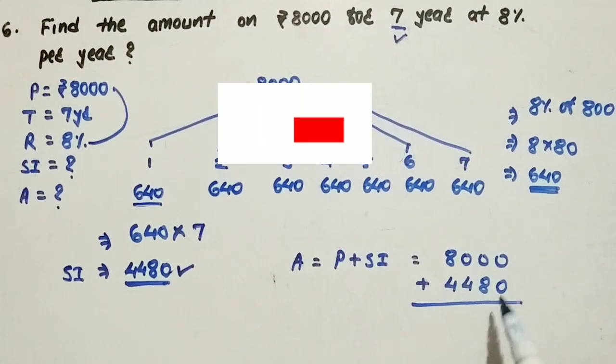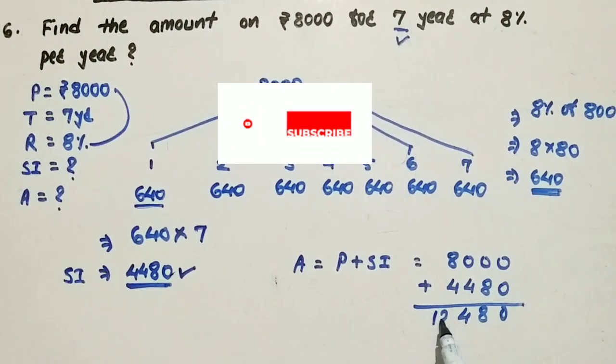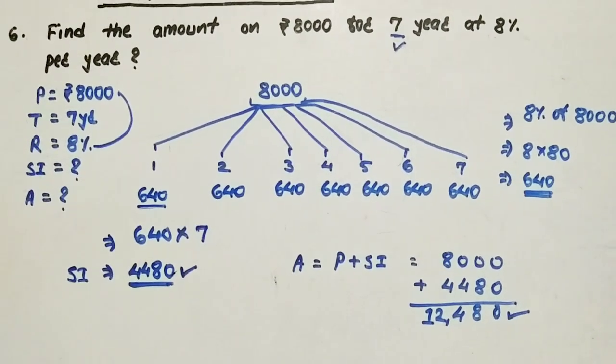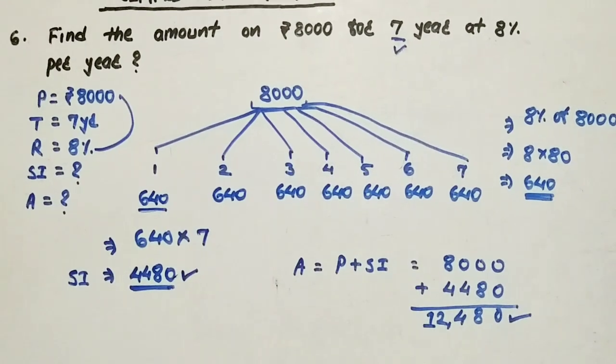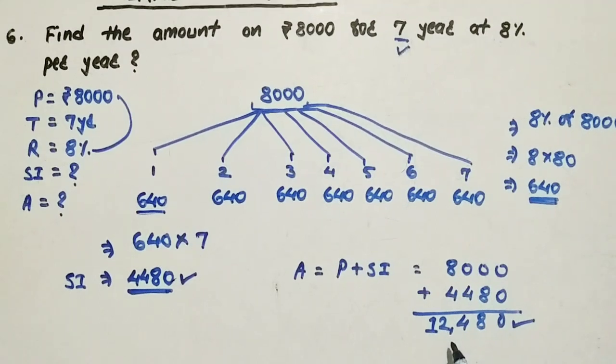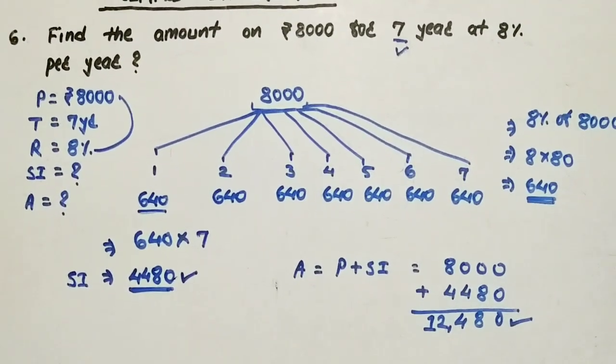We will add, so 12,480 would be the amount, right? So what is the value of amount? That is equal to 12,480 rupees. I think this is clear.